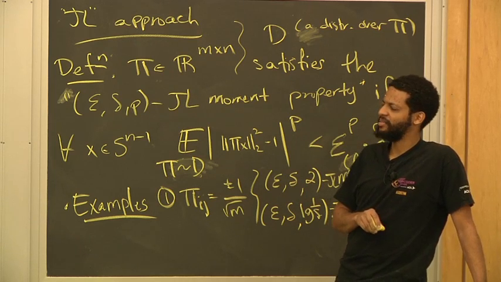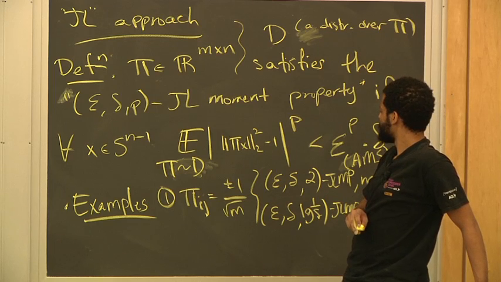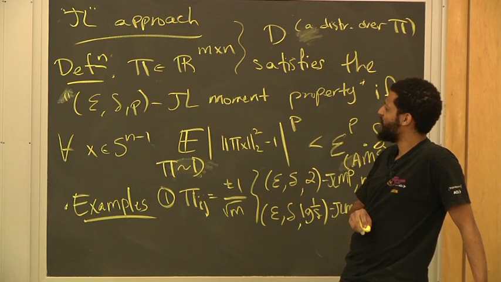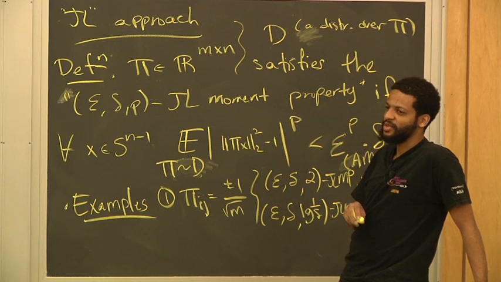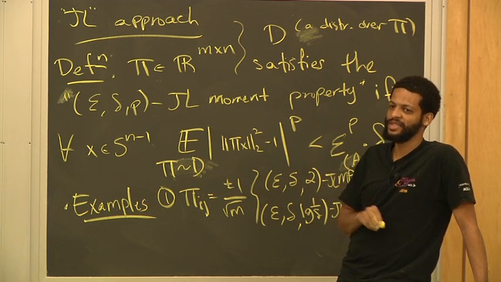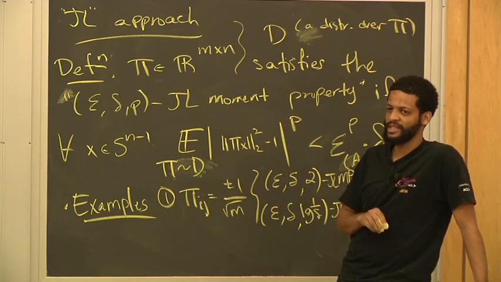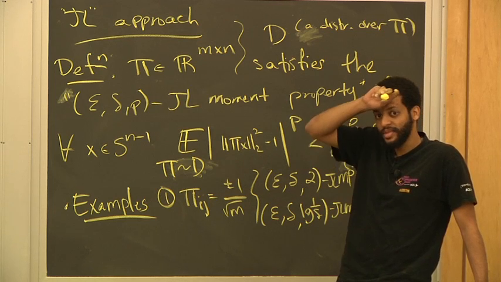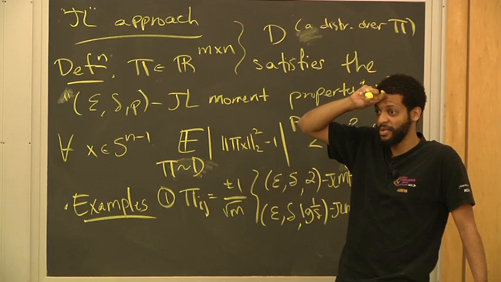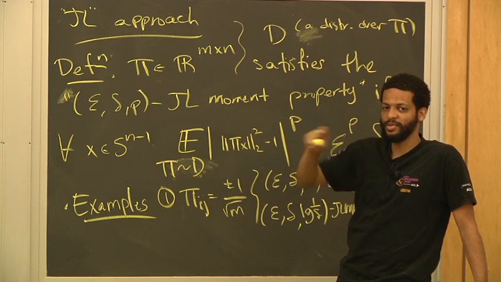Actually, I think there was a problem on problem set 2 that asked you to figure out which moment was being used in the analysis. Remember we analyzed this algorithm for estimating moments in data streams when the moment was bigger than 2, and we used Bernstein's inequality.